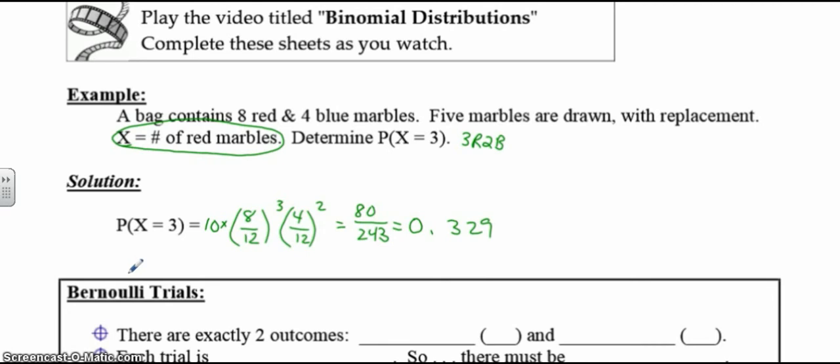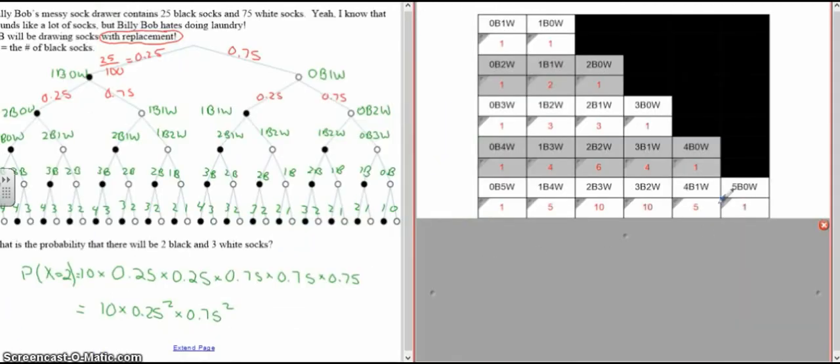So the question is, what if we draw more than 5 marbles? What if we draw 10 marbles? You don't want to have to be doing this 10 times. So what I want you to remember is that this here is row 1. This here is row 2. This is row 3.